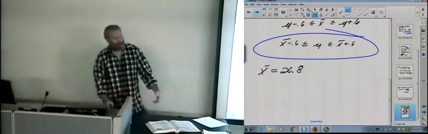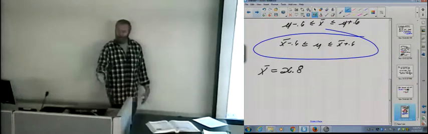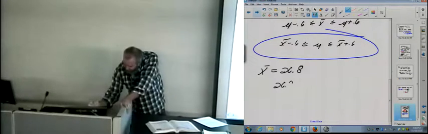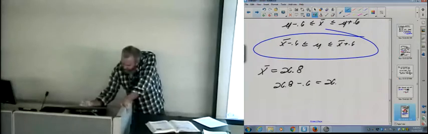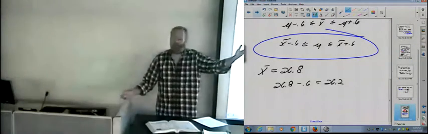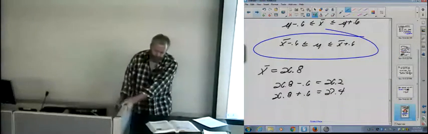That was calculated from your sample of 654 women aged 20 to 29. They had a mean BMI of 26.8. So what is this? If I take 26.8 minus 0.6, I have 26.2. I subtracted 2 standard deviations. If I take 26.8 and I add 0.6, I get 27.4.